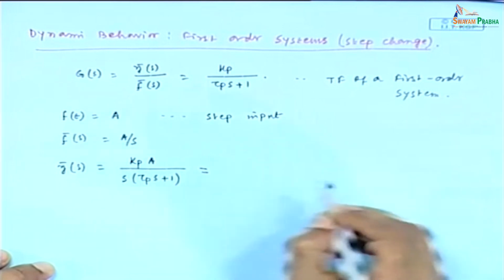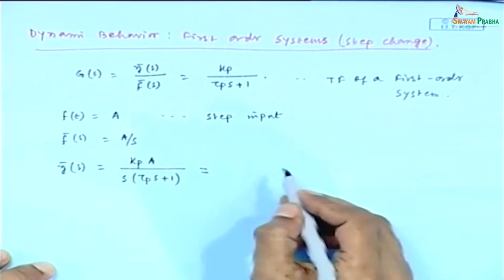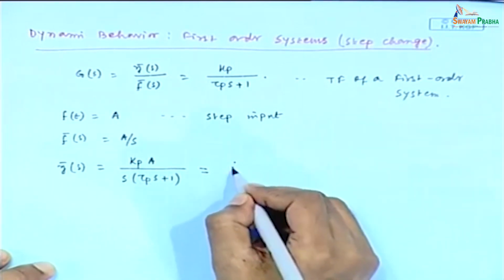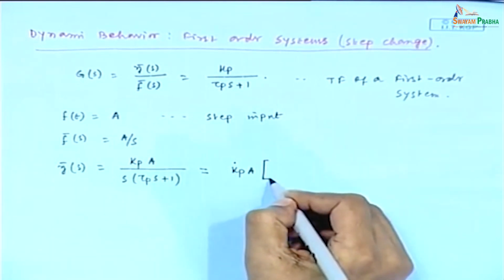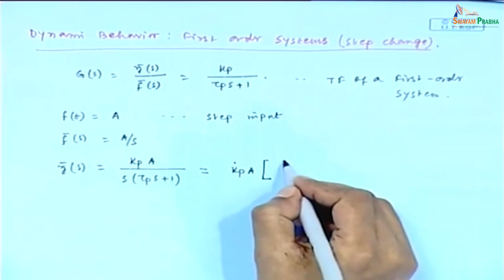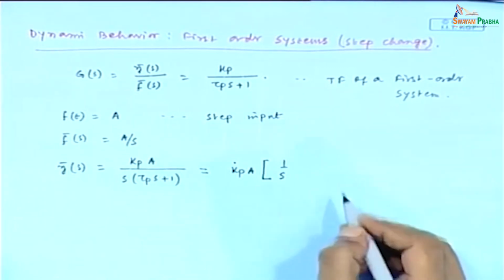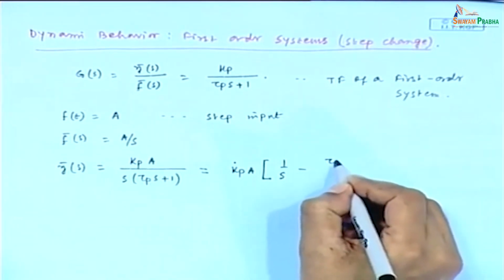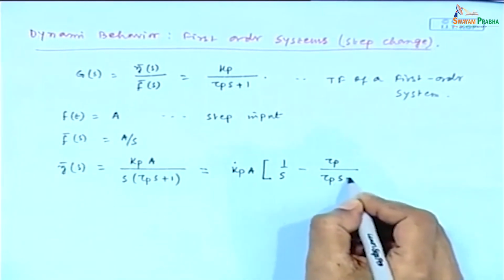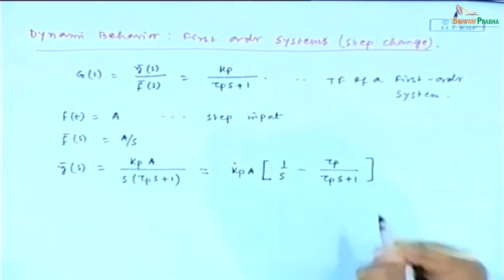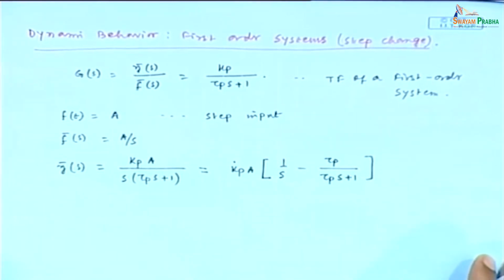Now, we can write this as Kp A multiplied by [1 divided by s minus tau p divided by (tau p s plus 1)], fine.